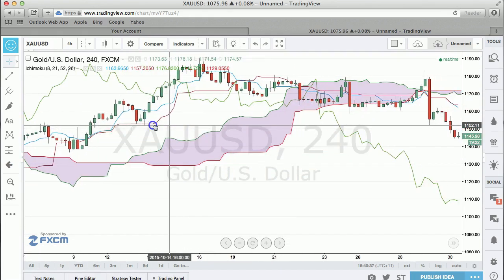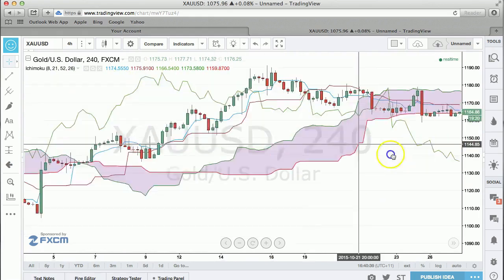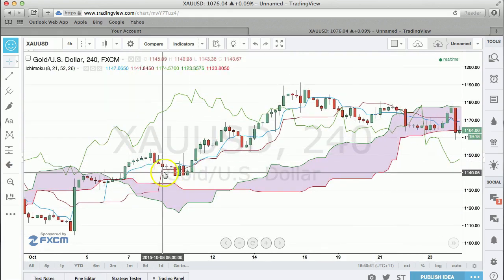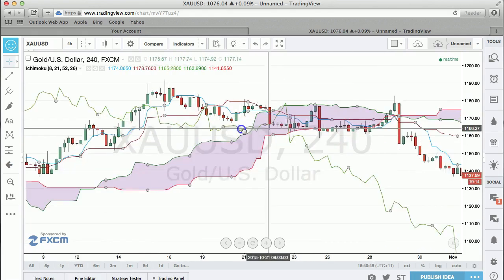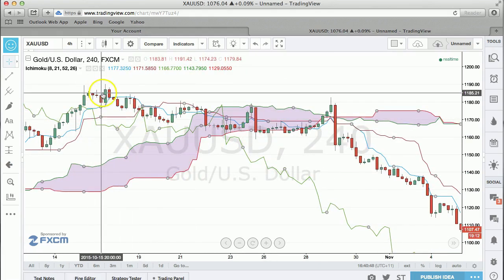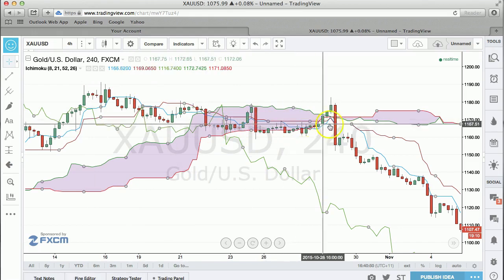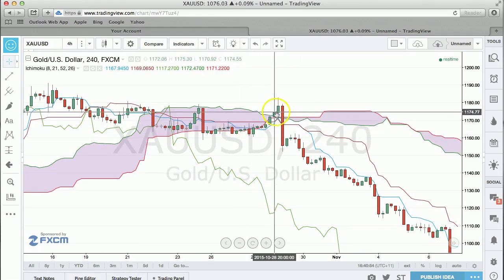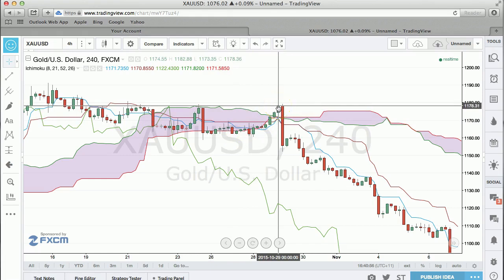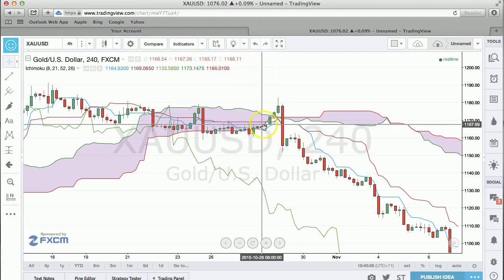Now let's look for a selling opportunity. You'll notice from this breakout to here, price was bullish. Ultimately, price went into a ranging motion and broke into the cloud. Right here, I want you to make this note. This is actually a really good example.